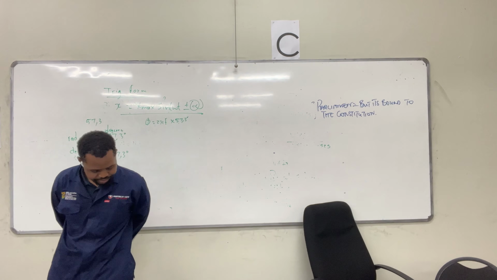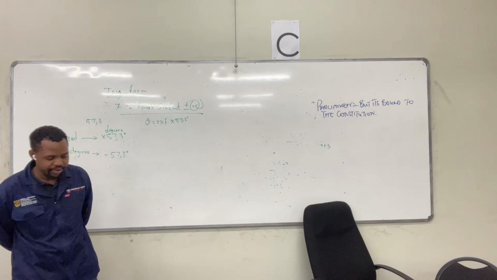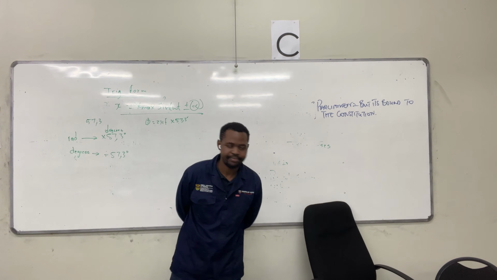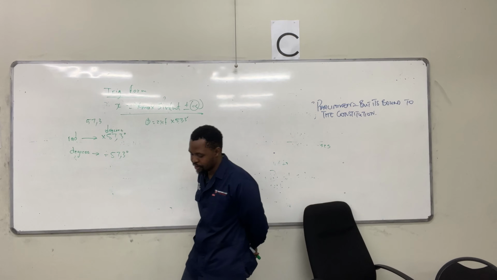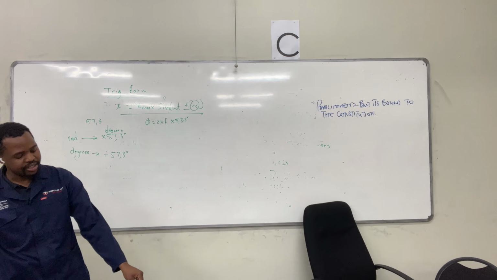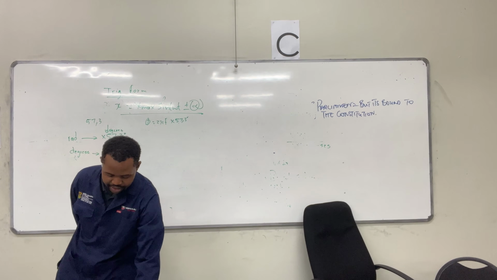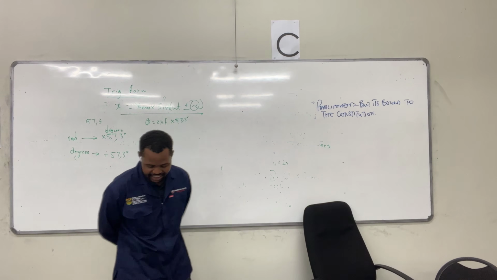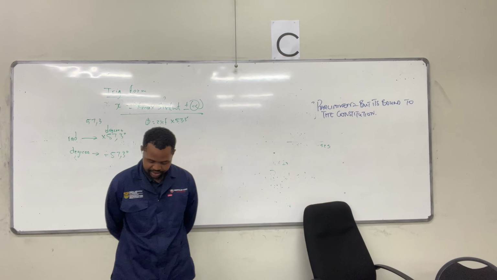Okay, the next topic is average and root mean square values of AC waveforms. I said the most important value is the RMS value. Average value is not really that important to us.